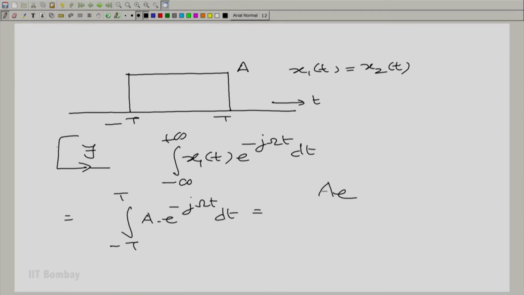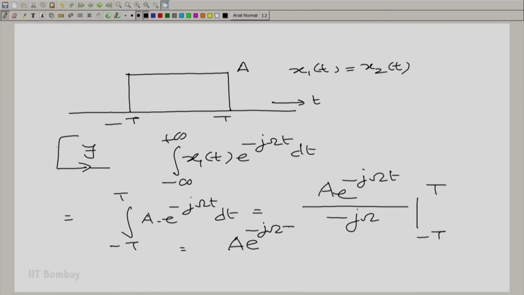That is A times e raised to the power minus j omega t divided by minus j omega, integrated from minus T to plus T, and that gives us A e raised to the power minus j omega T minus A e raised to the power j omega T, divided by minus j omega, which can now be simplified, and we will do that.